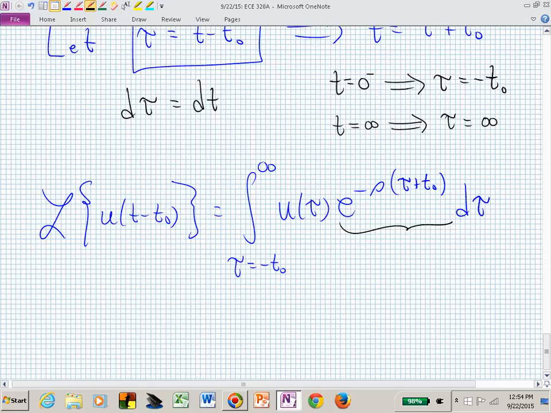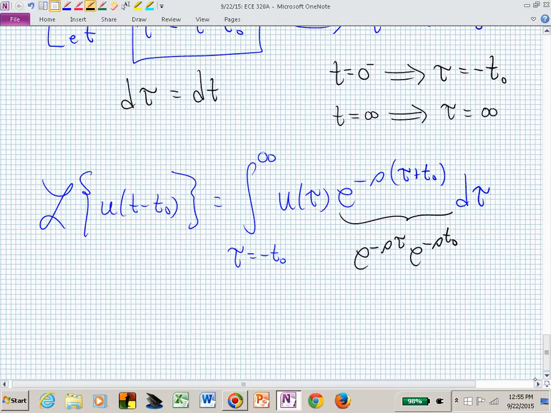That looks a little messy, but we can clean that up by using our understanding of exponents. E to the quantity x plus y is equal to e to the x times e to the y. This now we can separate and say that that's e to the minus s tau, and it's e to the minus s t naught. That product is equal to that factored exponent.